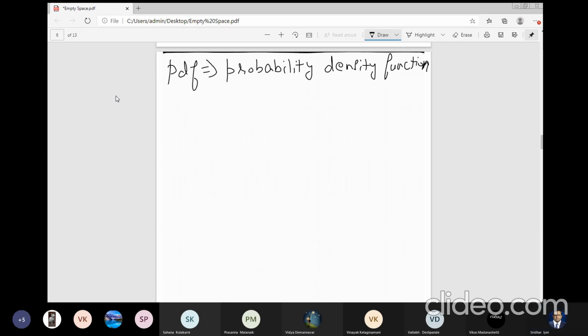So the definition of the PDF of a random variable actually comes from the CDF itself. So the PDF of a random variable X, we denote it as small f as opposed to the capital F for CDF. So please keep the same nomenclature.